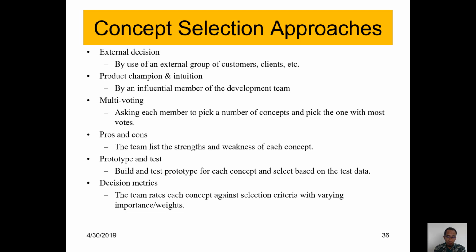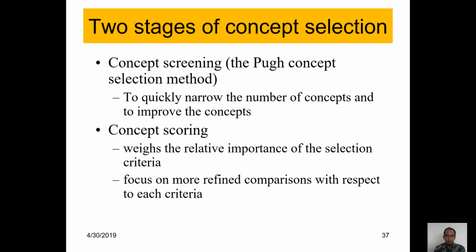We can use the prototype and test approach, build and test a prototype for each concept and select based on the test data. And we make a decision matrix. The team rates each concept against selection criteria with varying importance or weights. In this chapter, we will focus more on the decision matrix.